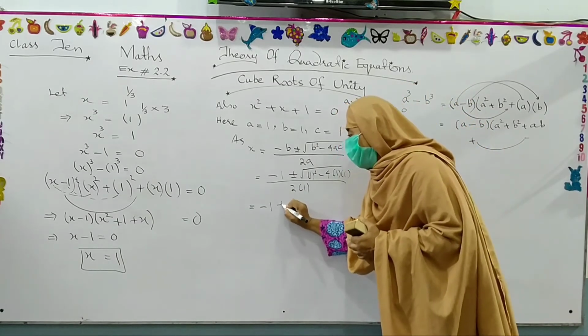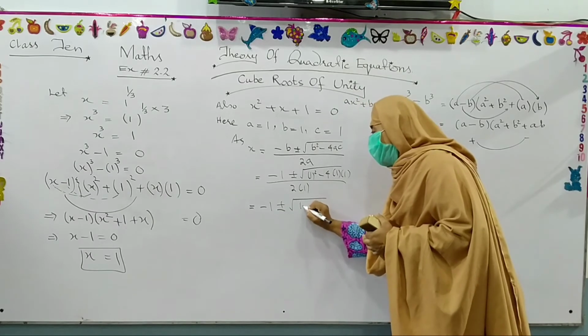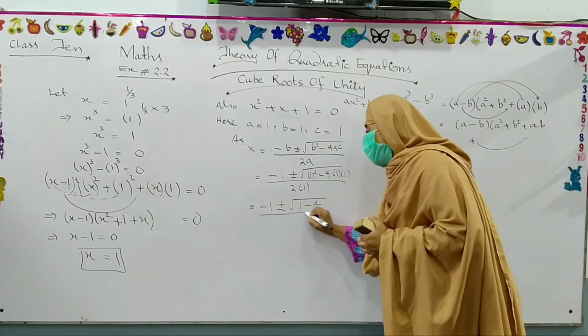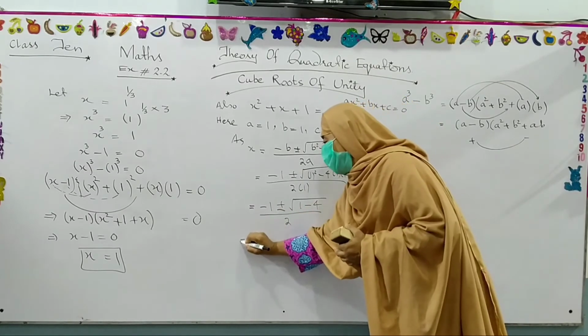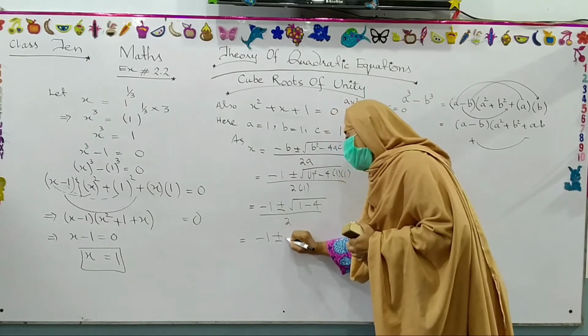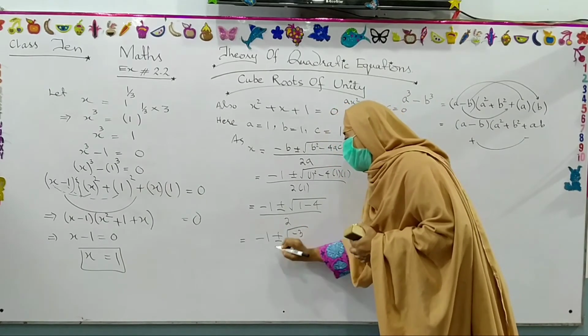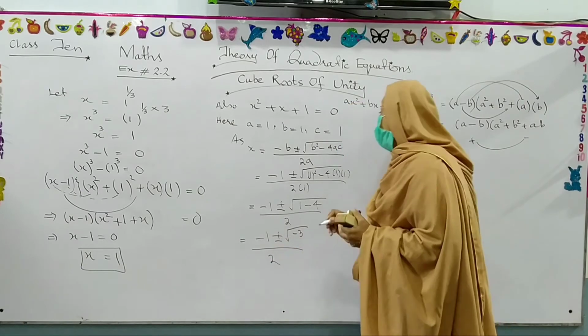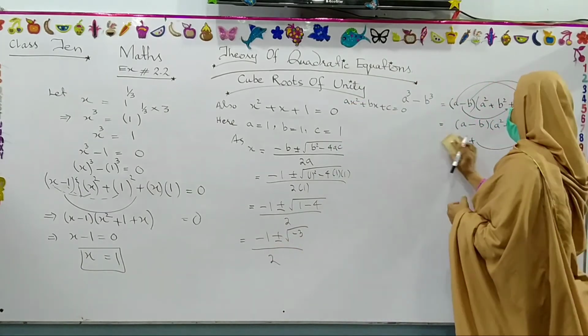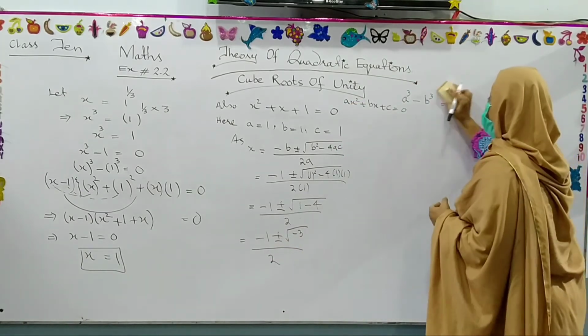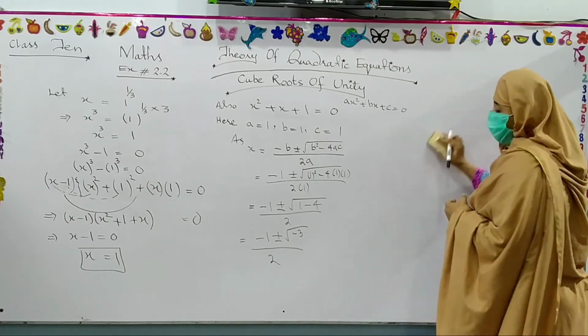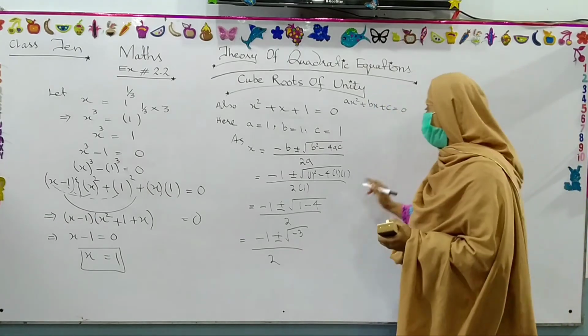What will be my answer? Minus 1 plus minus square root of 1 minus 4, whole divided by 2. And it will be minus 1 plus minus square root of minus 3, over 2. Students, you have seen that while solving by quadratic formula, I have two roots.